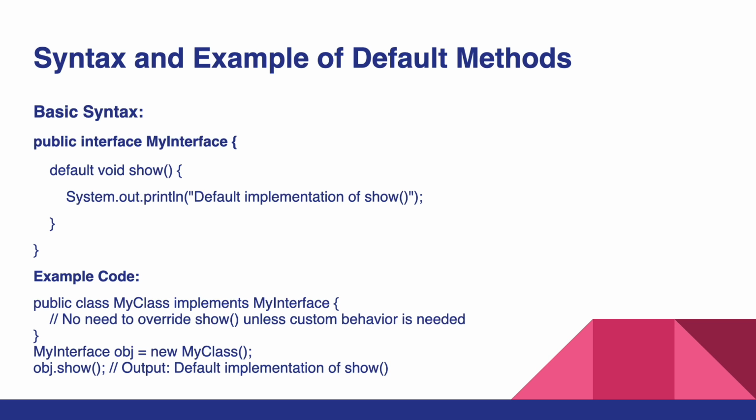The implementation is available to any class that implements this interface, as seen in the example where MyClass does not override the show method but can still call it. This allows the interface to provide a basic implementation while leaving room for subclasses to provide custom behavior.